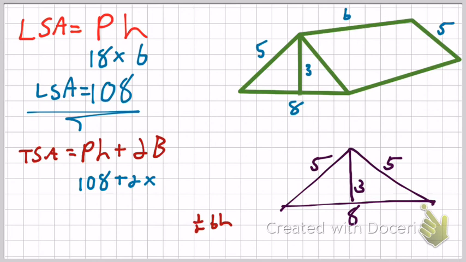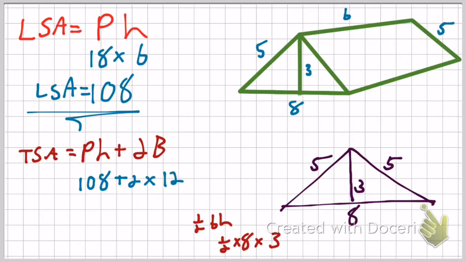Base and height of what? The triangle. We're only talking about the base right here, right? This is the area of the base. I don't care about this shape up here. All I care about is the base. So, what is the base of that triangle? 8. What is the height of that triangle? 3. 1/2 times 8 times 3.